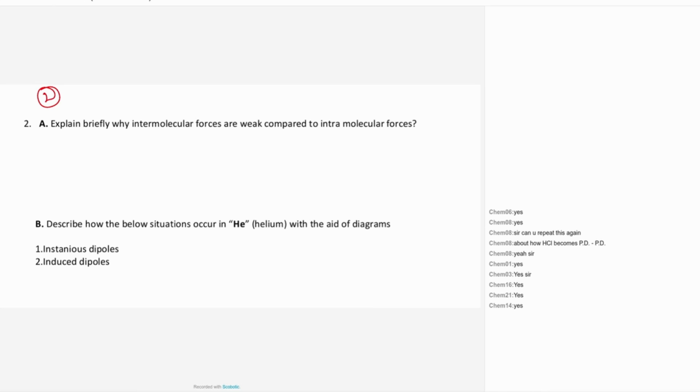Whereas the intramolecular force is the strong covalent bonds, which is between the atoms in the molecule.